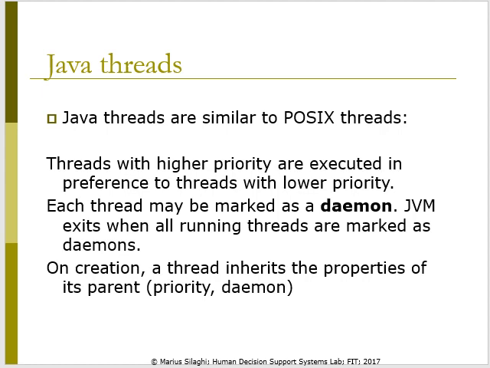So service threads running in the background, which only help with the graphical user interface, can be terminated without any additional care after the graphical user interface terminates. Whenever one thread is created, it inherits the properties of its parent, like its priority and its state of being or not being a daemon thread.